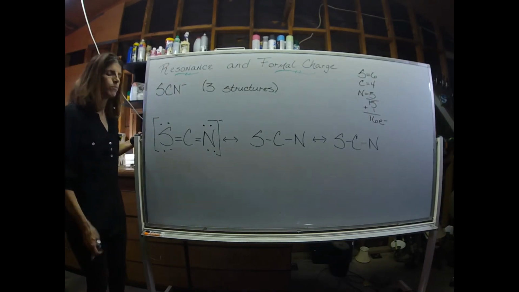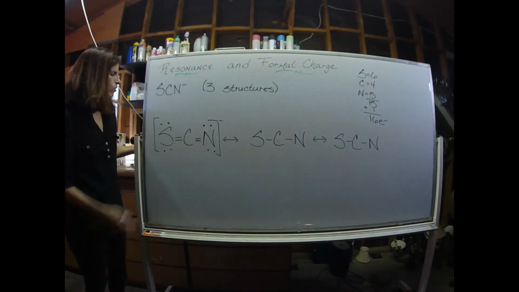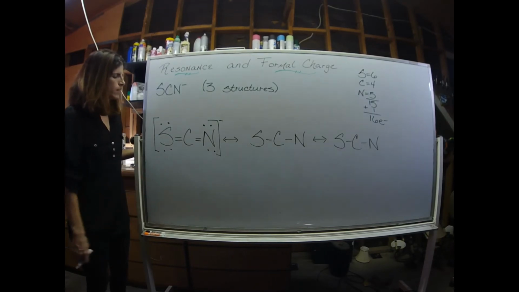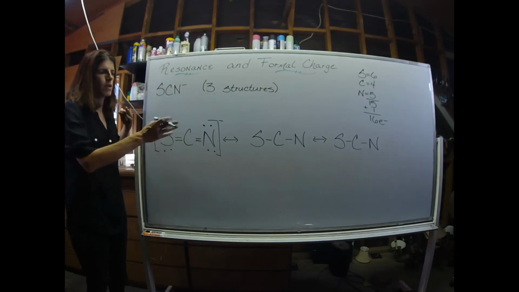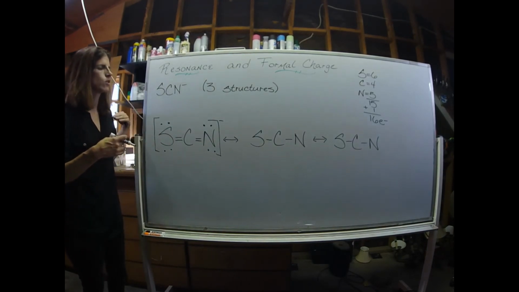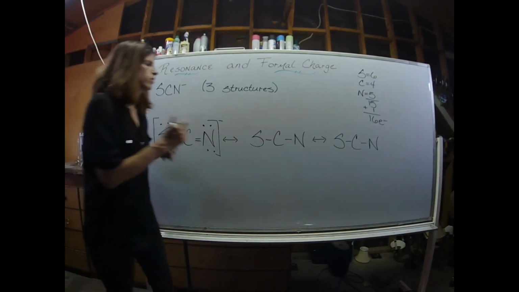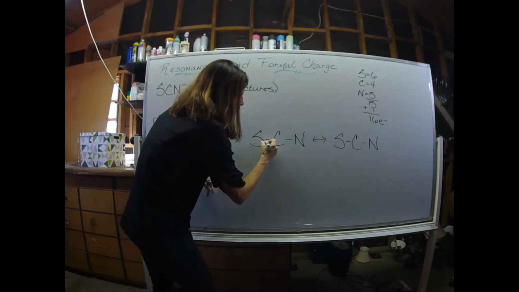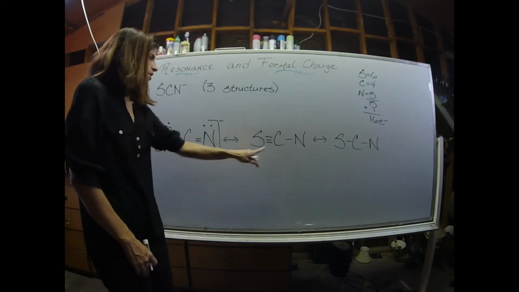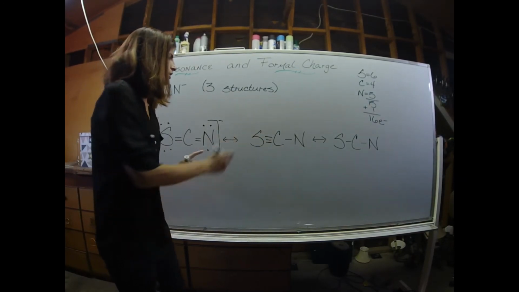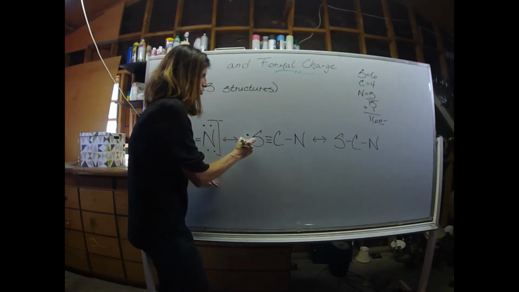One of the patterns for resonance that you'll notice is that when you have 2 double bonds, you can move them to one side and turn it into a triple bond. So let's do that over here. Instead of 2 double bonds, I'm going to do 1 triple bond. That means that sulfur currently has 6 electrons. It needs 2 more.